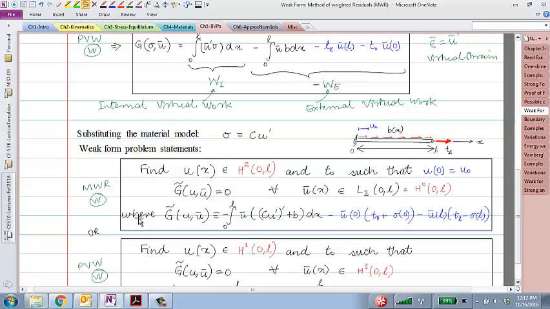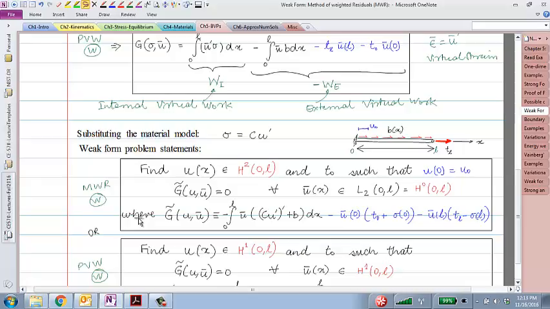If I integrate a discontinuous function, what do I get? A continuous function but with a kink. Right? So functions that have kinks in them are not in H2. If you assume that your real solution is some function that has a kink in that function, that is not a valid choice for real displacement if you are using the MWR weak form.